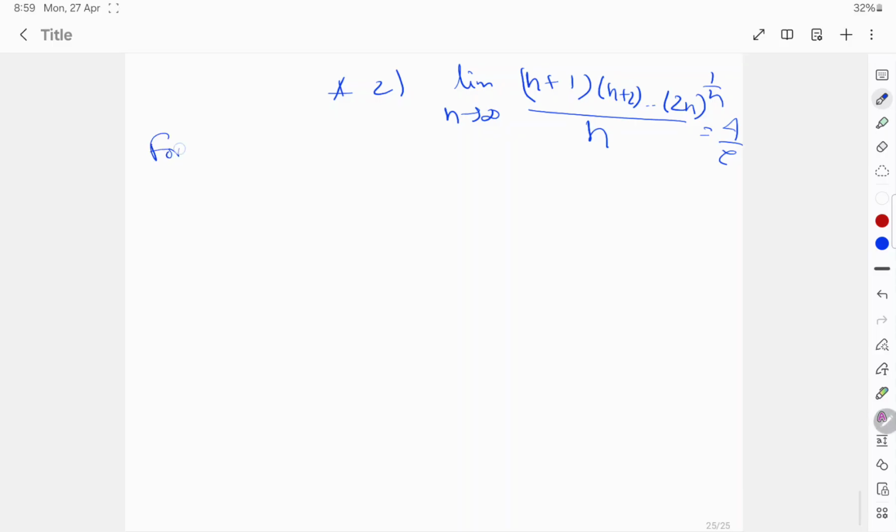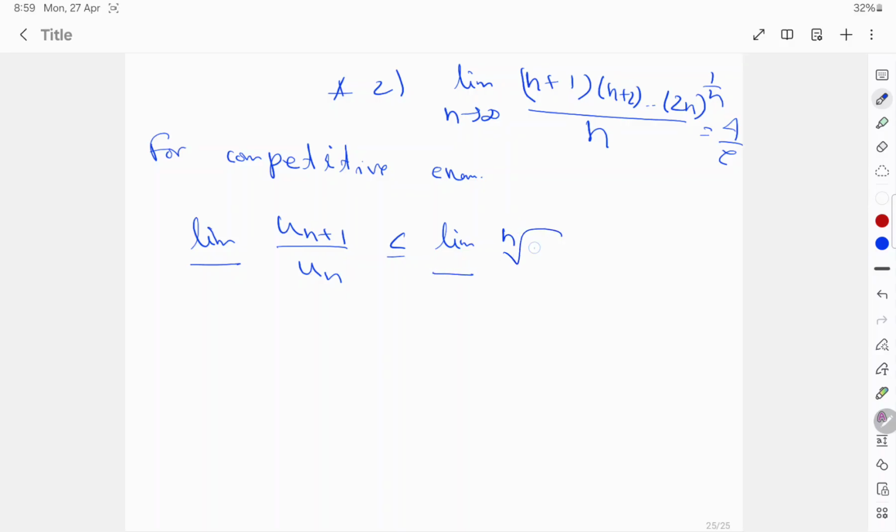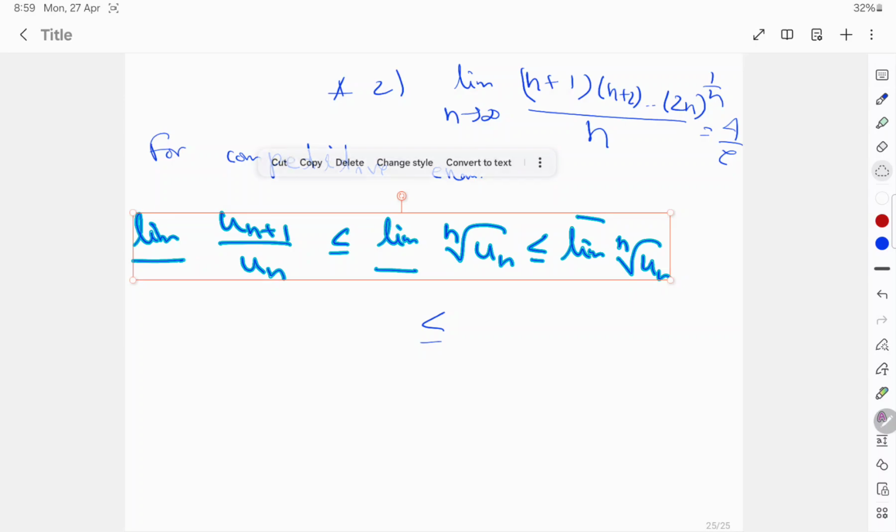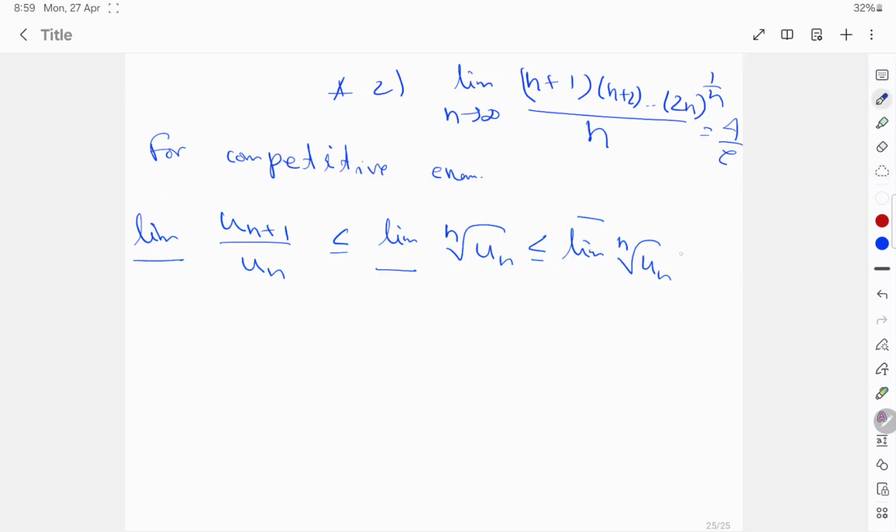For competitive exams, you may note this result: lim inf of un plus 1 by un is less than or equal to lim inf of n root of un, less than or equal to lim sup of n root of un, less than or equal to lim sup of un plus 1 by un.